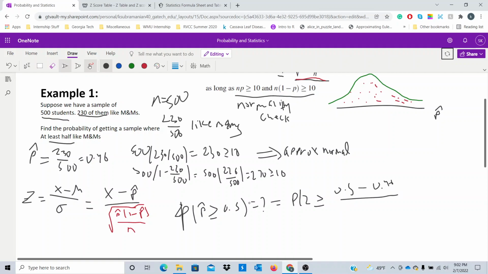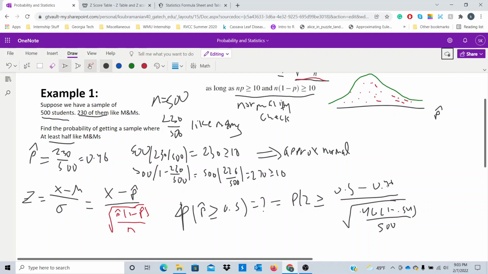I'm just basically plugging in the terms. So we have p hat as 0.46. The proportion we desire is 0.5. Our standard deviation is going to be the square root of 0.46 times 1 minus 0.54 over 500. So that will get you your standard deviation.